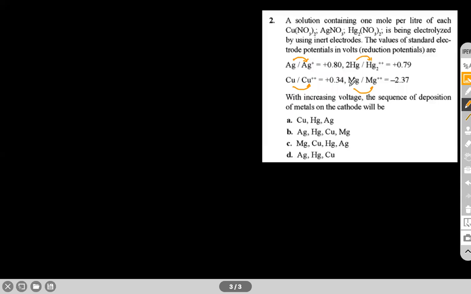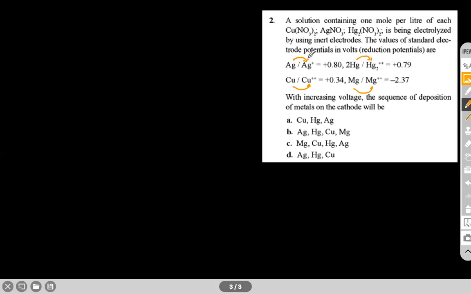But what happens? Magnesium reduction potential, again, you see guys, there is a correction here also. In the question, it is written standard electrode potential, means reduction potential is given.